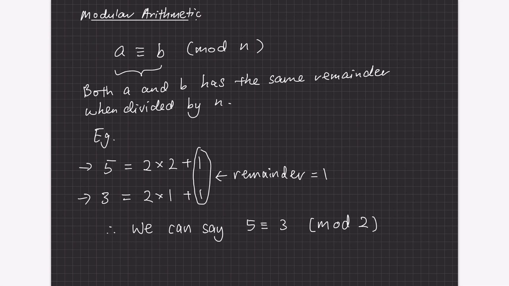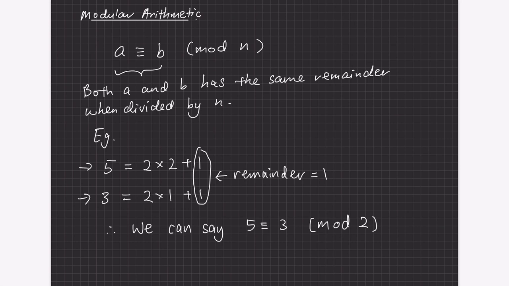So by what we defined earlier, we can say that 5 is congruent to 3 in mod 2. We're going to study this a little bit further.